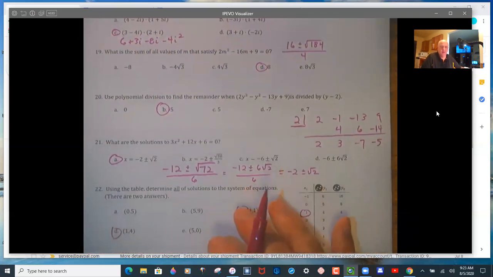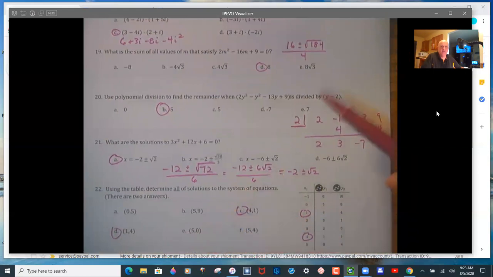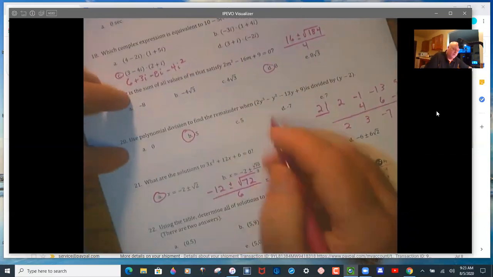What is the sum of all the values that satisfy that? So here's the quadratic expression. What's the best way I can write this?